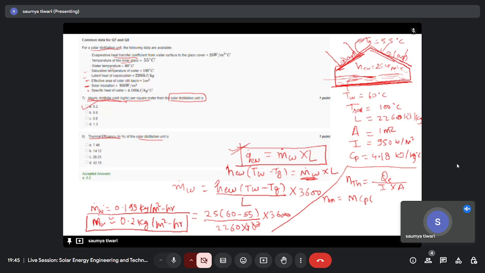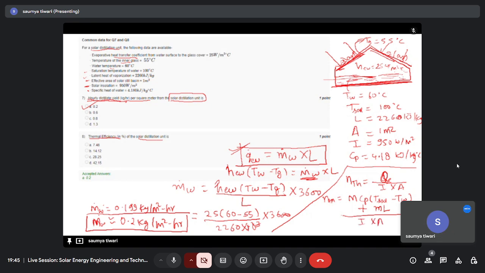It will be m cp into the heat required to raise the temperature of this water from 60 degrees Celsius to its saturation temperature, and then at saturation temperature the phase change occurs, right? So that will include mass of water into latent heat of fusion for water.